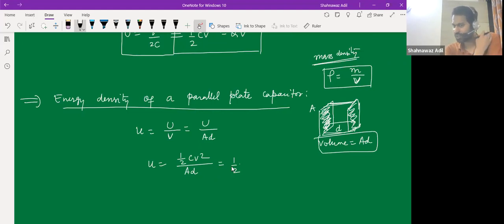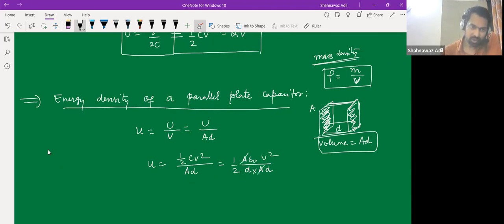Q by V. But I'm asking in terms of A and D. So A epsilon naught by D. And then this is V square, and then this is A into D. Right. So this A and A cancels.